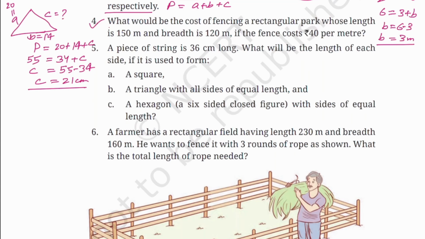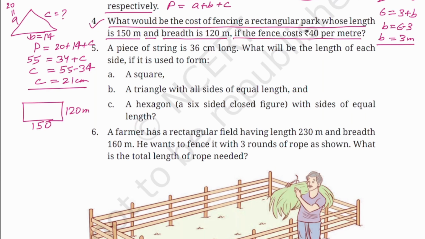4. What will be the cost of fencing a rectangular park whose length is 150 meter and width is 120 meter if the fence cost rupees 40 per meter? Let's calculate the perimeter. Length is 150, width is 120.